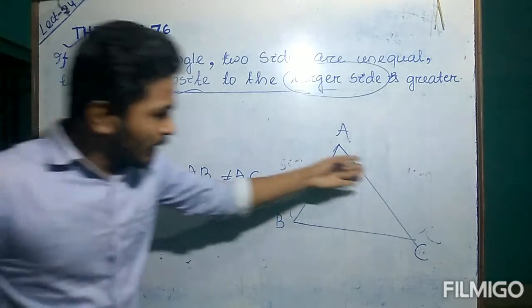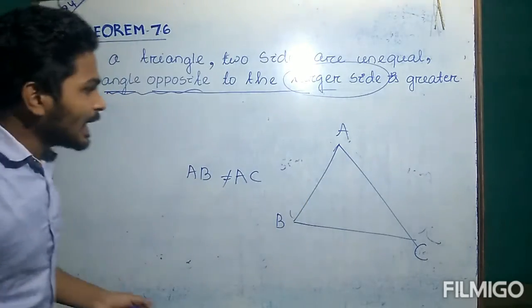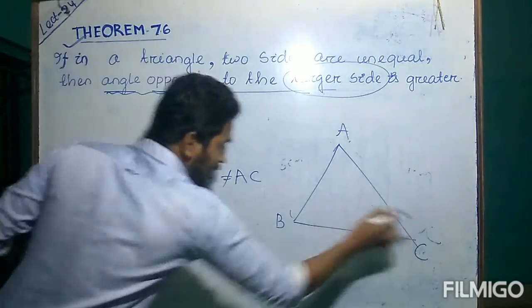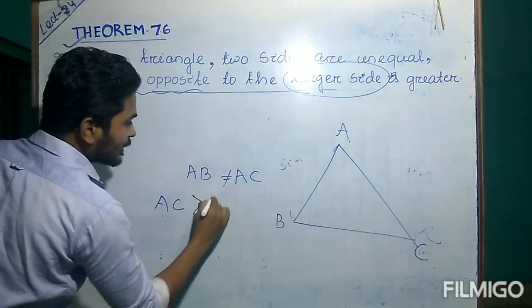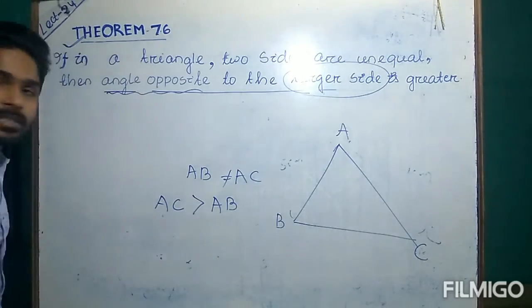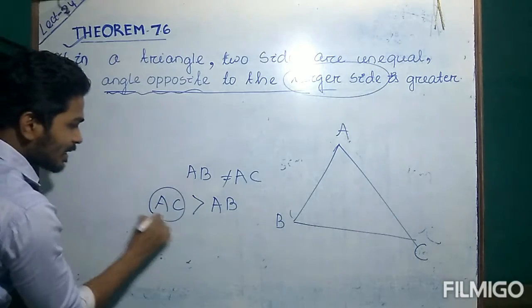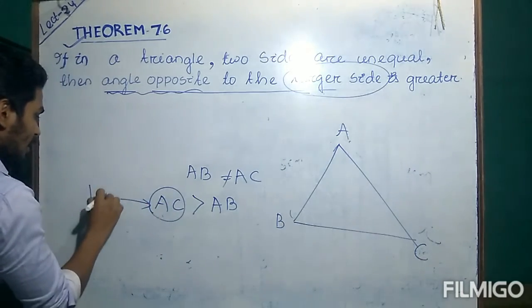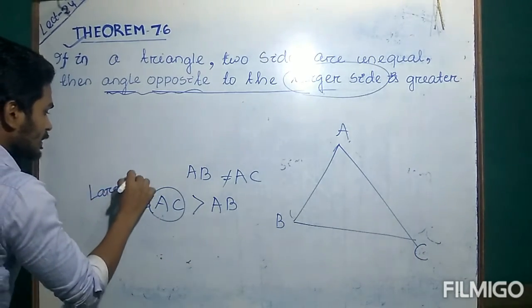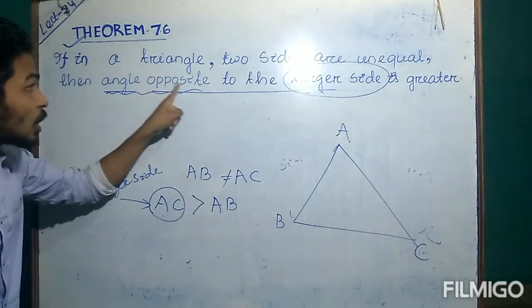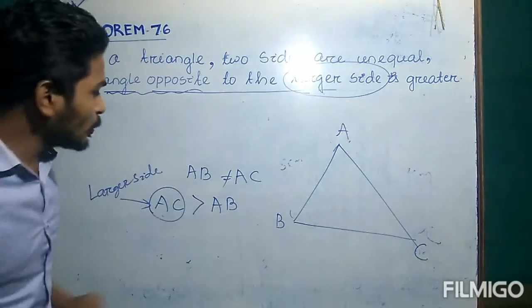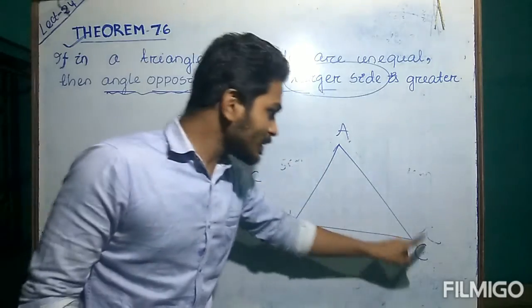Now, for this triangle, let's say the AC side is greater than the AB side. So which side is the larger side? This side, AC, is the larger side. According to the statement, the angle opposite to the larger side. So which angle is opposite to the side AC?